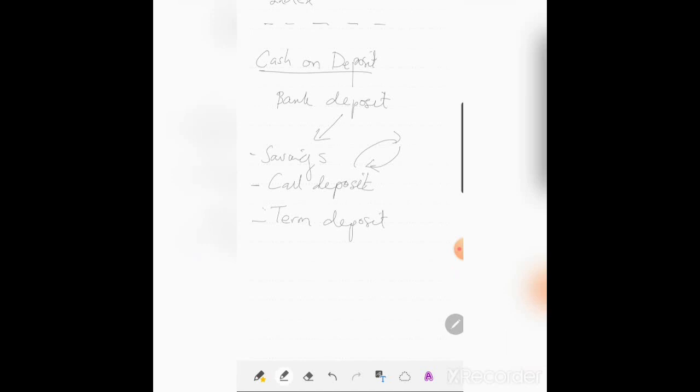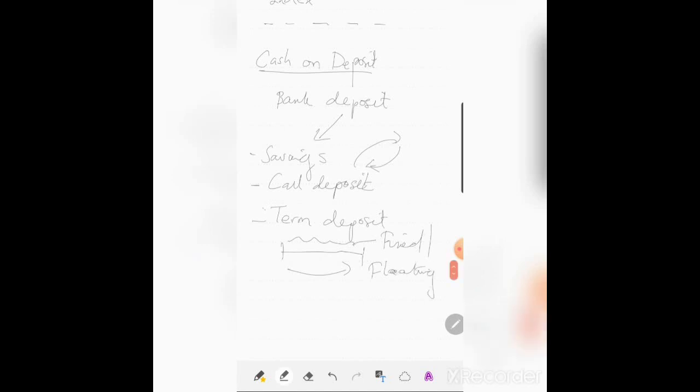For example, a fixed deposit is a term deposit, where you deposit something now, and you will be receiving an amount which is fixed, probably after a fixed period of time. The only thing is that the interest rate is fixed, or it might be floating.